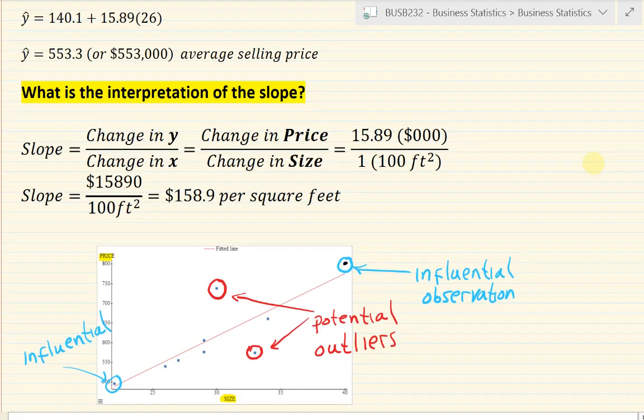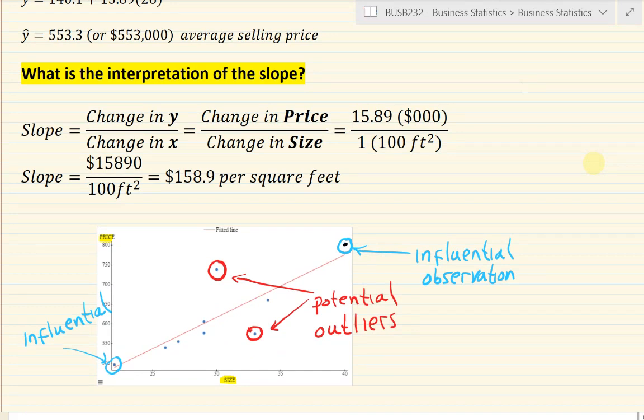That was the interpretation. Now, continuing on with the idea of influential observations and outliers. Based on what I see from the scatter plot here, it looks like this point and this point are two points that are called influential observations. Notice you can have influential observations on the high or on the low end.